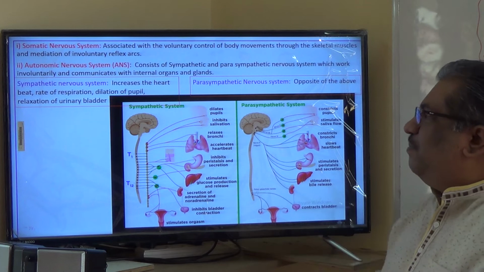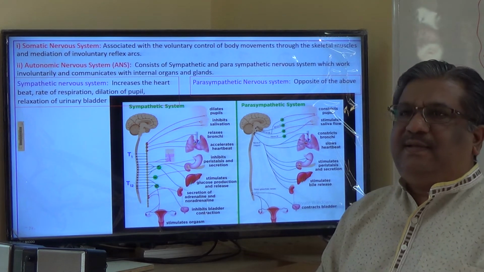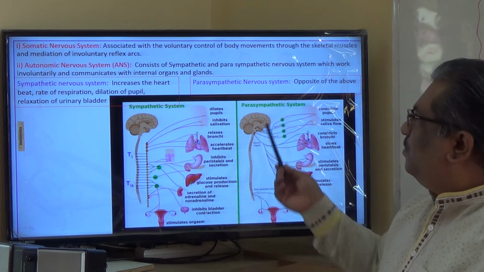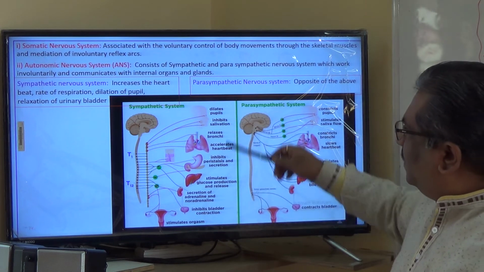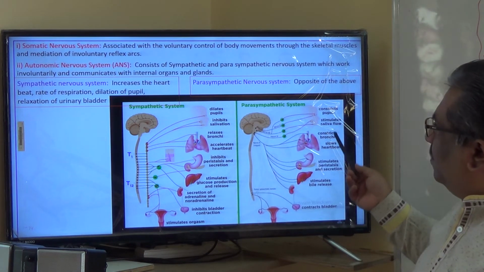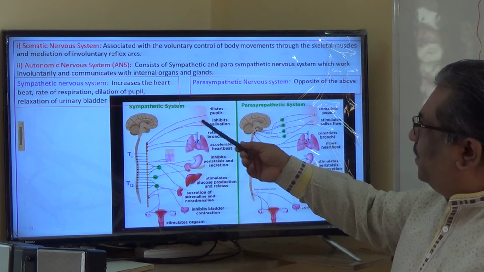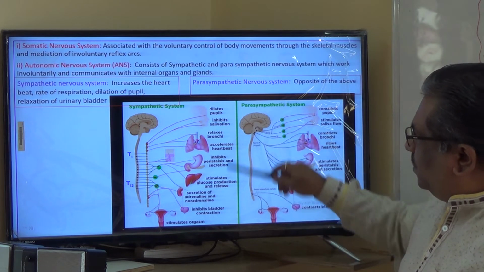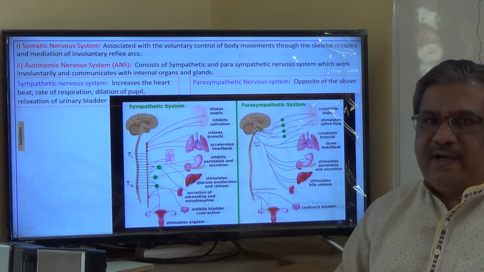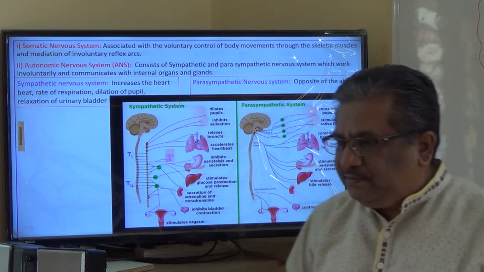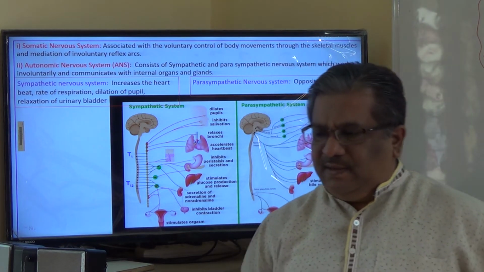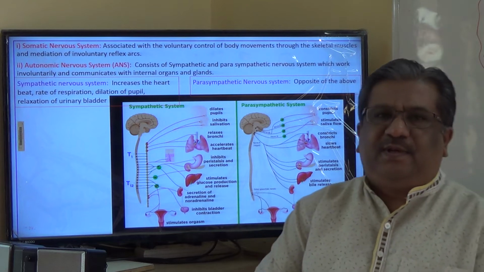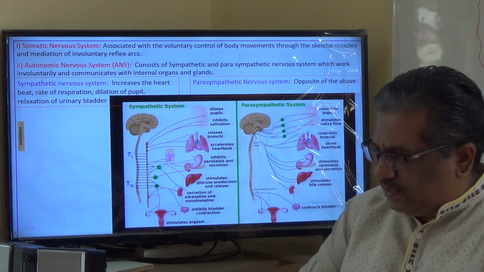These are few of the examples which I think you need to remember. So note down these things, and if you are interested to note down a couple of these comparisons of sympathetic and parasympathetic with respect to the functions, you can note down these things. I think this is the classification of the nervous system which we have understood. Let us see the next part.